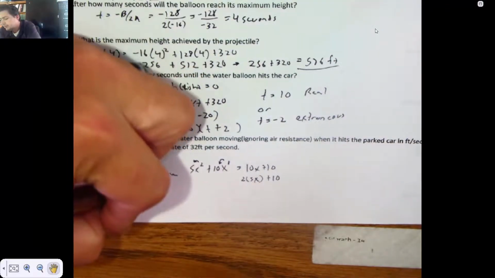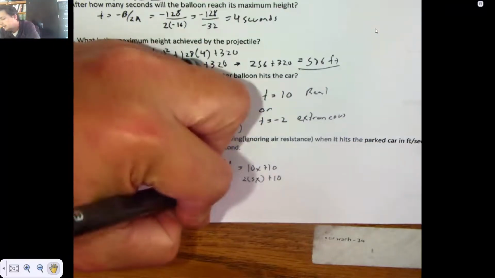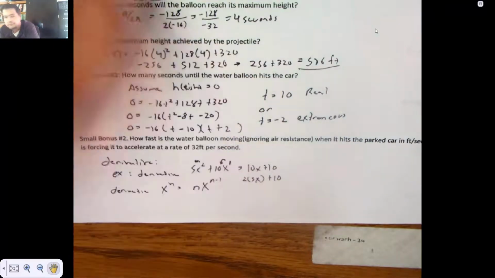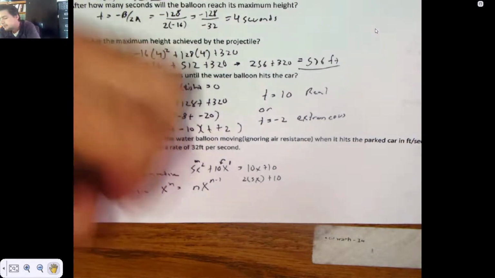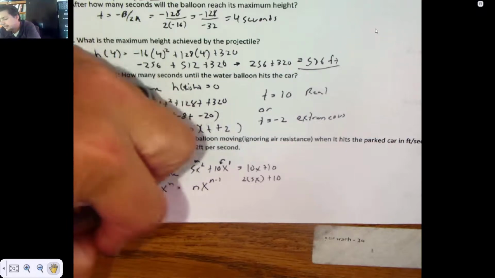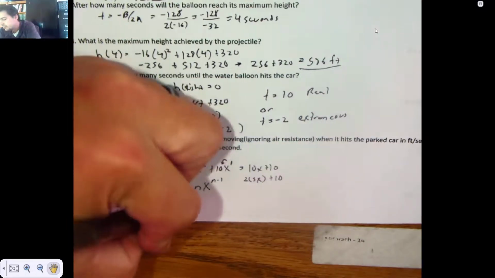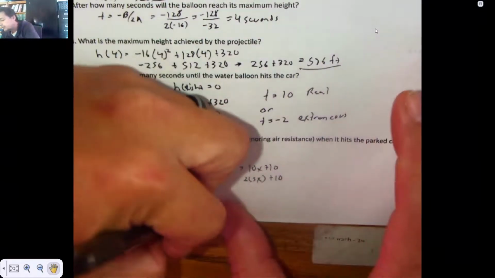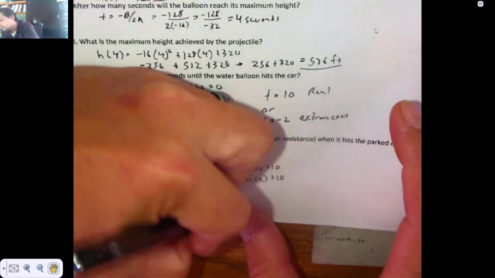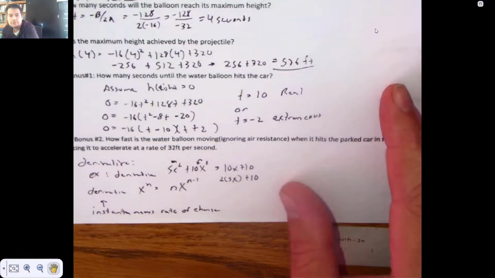The derivative of x to the n is nx to the n minus 1. Anyways, the derivative is also known as the instantaneous rate of change.